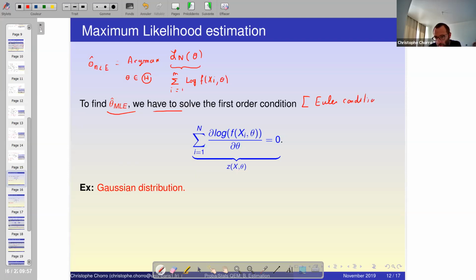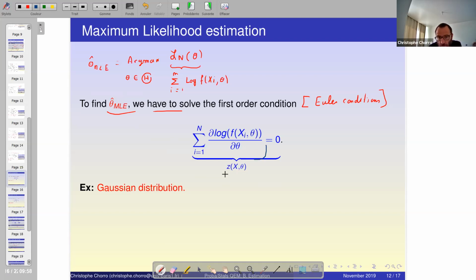And what are the Euler conditions? It's just that I have to compute the derivative of this quantity, that I can express this way. And just be careful, because here, in fact, you have to close the parentheses this way. So, excuse me, we'll use the same color.